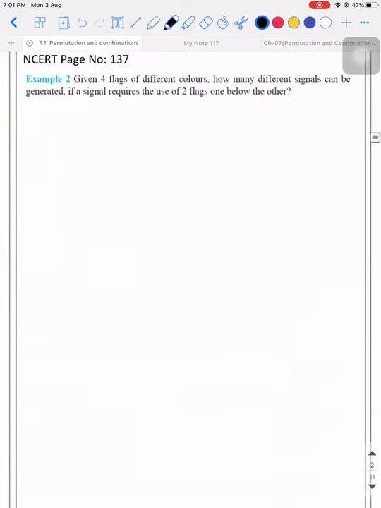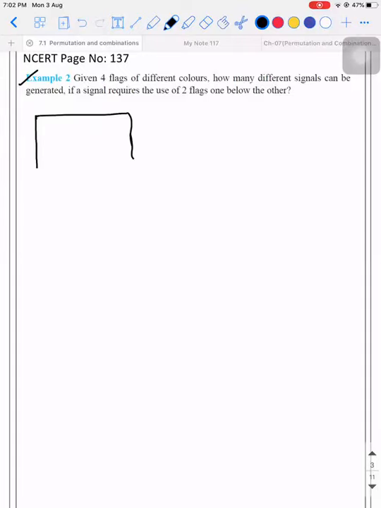Now you are given 4 flags of different colors. How many different signals can be generated if a signal requires the use of 2 flags, one below the other? So there is a signal that you need to design, and the signal should have how many flags? 2 flags, placed one below the other.